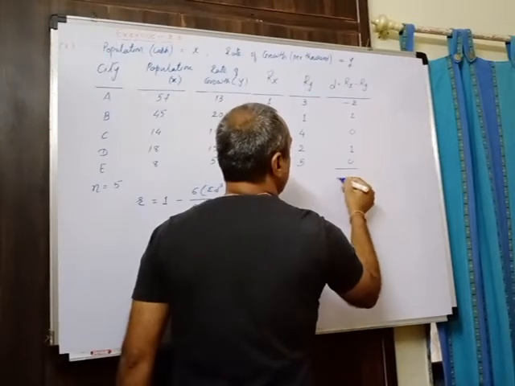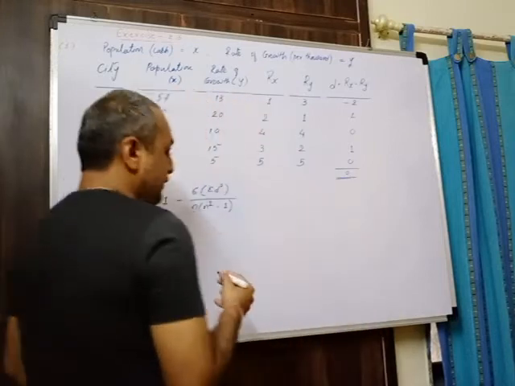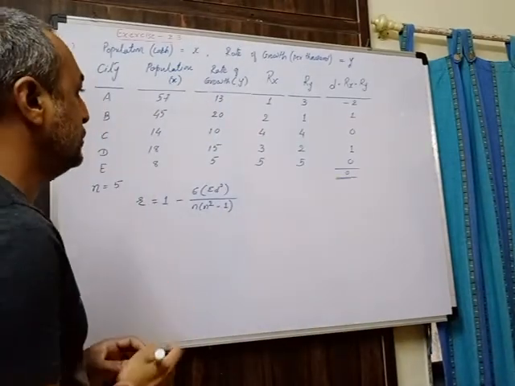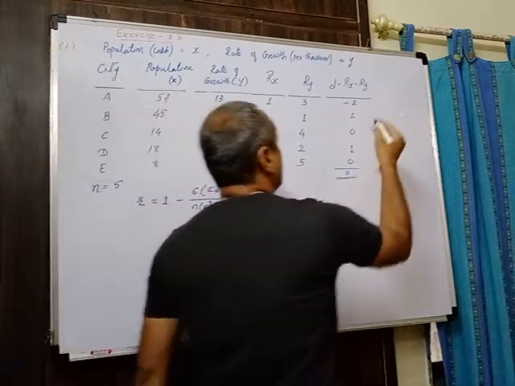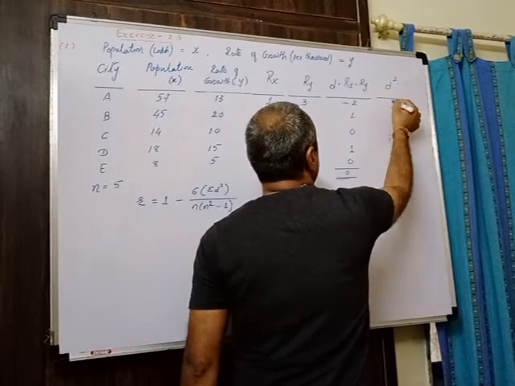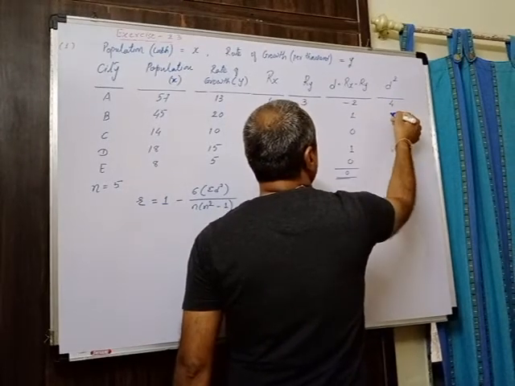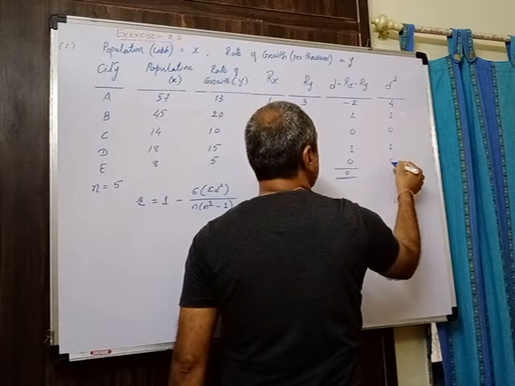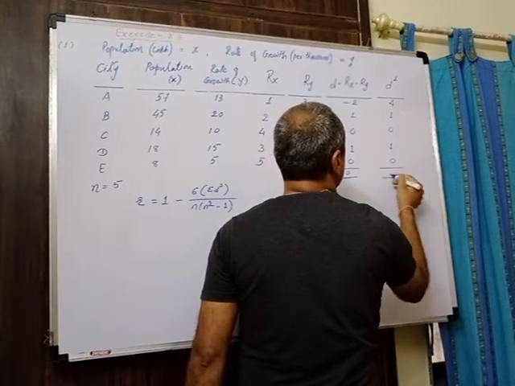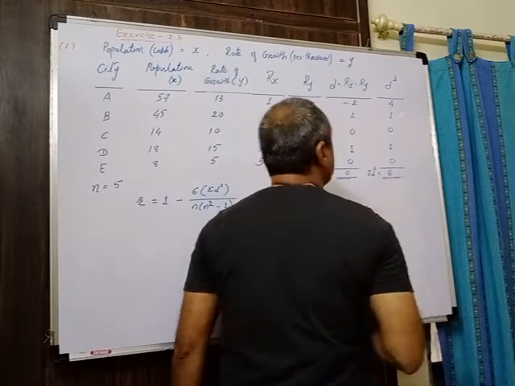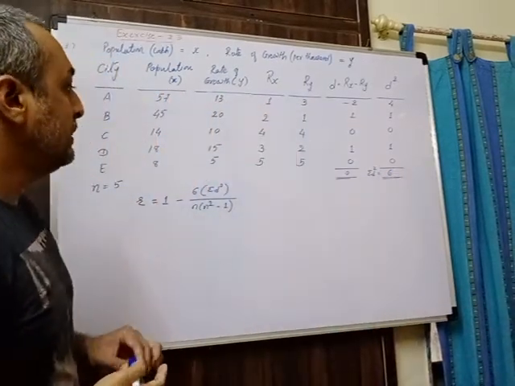You can see the total of this difference d is 0: minus 2 and 1 plus 1 is plus 2. We require its square value total. So the last column, d square. Minus 2 square is plus 4, 1 square is 1, 0 square is 0, 1 square is 1 and 0 square is 0. The total, sum of d square, is 6. That is what we require.